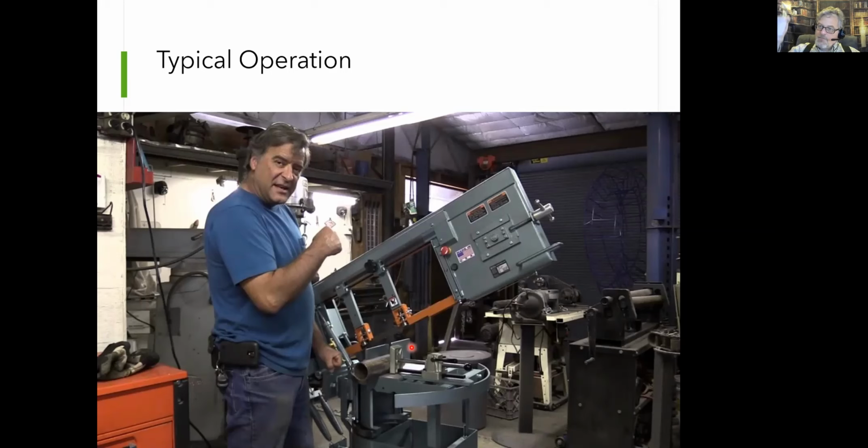You chop the stock in half or whatever length you need, and then you lift the saw back up, and then you pull out your finished cut piece, set it in a tray, and then start over again. Loosen your clamp and so forth. So this is a very typical manufacturing operation. The only thing you really care about in this operation is the length of the stock you're chopping off. So in this operation, all we care about is one measurement, the length of the stock.